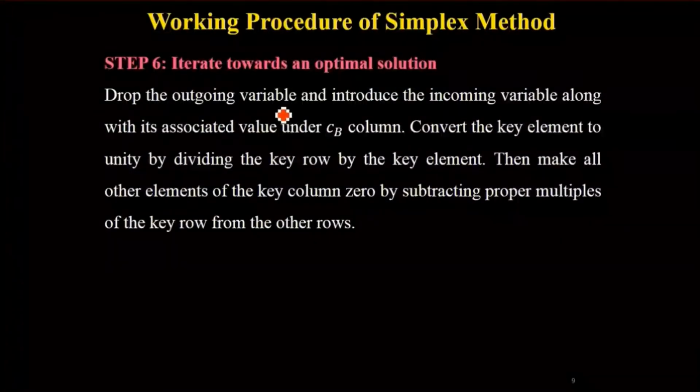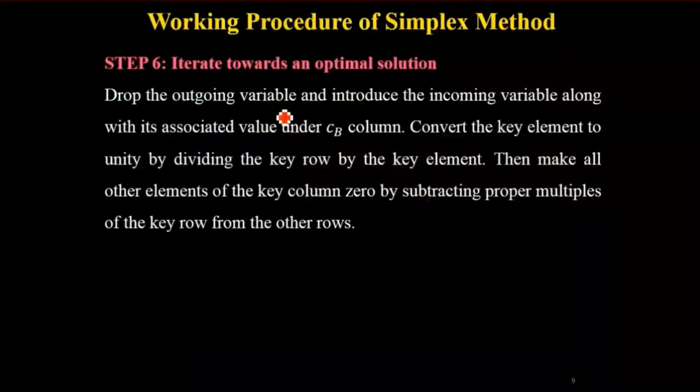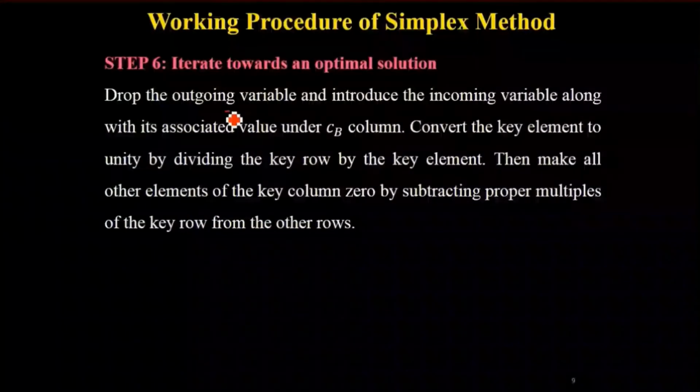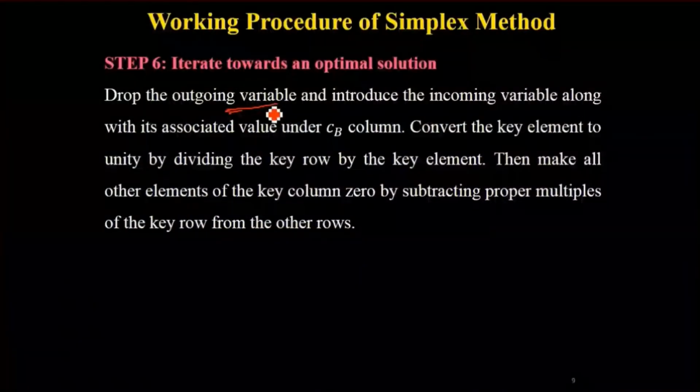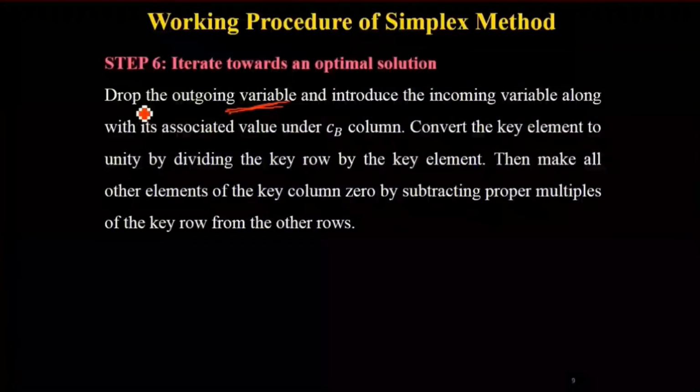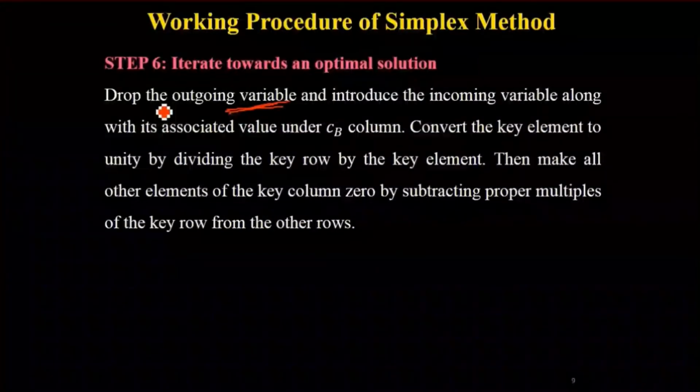So next step we are going to see is to iterate towards an optimal solution. Drop the outgoing variable. Whatever new variable we are getting from the key column will replace it, and the previous one we will drop.